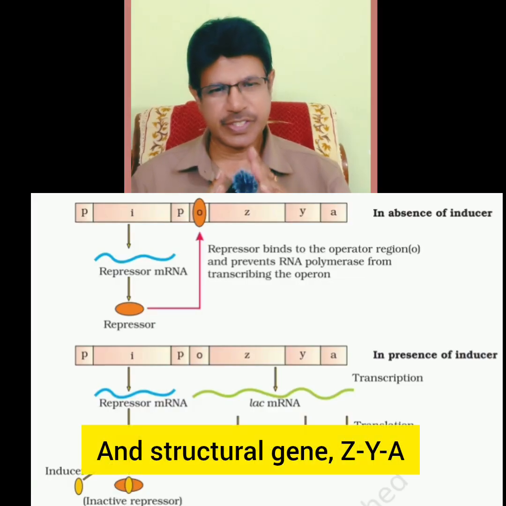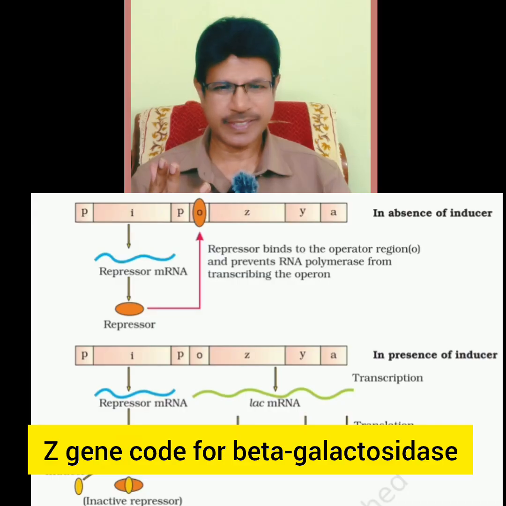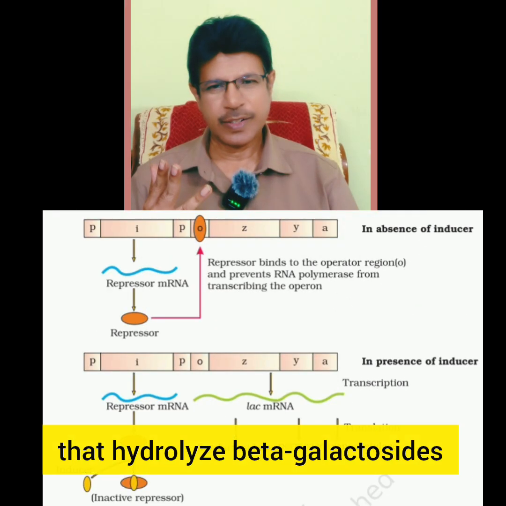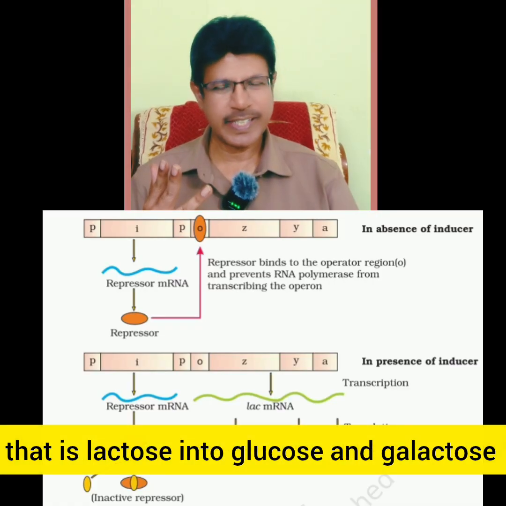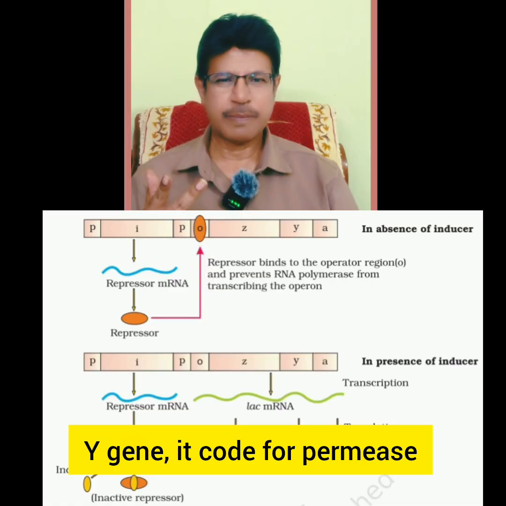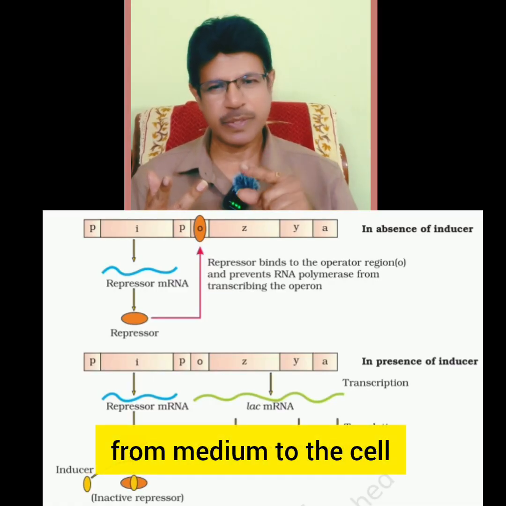And the structural genes Z, Y, A: the Z gene codes for beta galactosidase, that is beta-gal, that hydrolyzes beta galactosides, that is lactose, into glucose and galactose. The Y gene codes for permease, which increases the permeability of lactose from the medium into the cell.